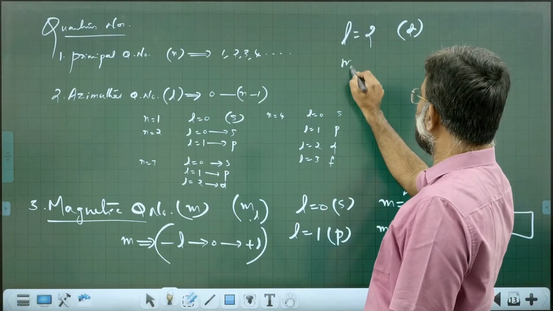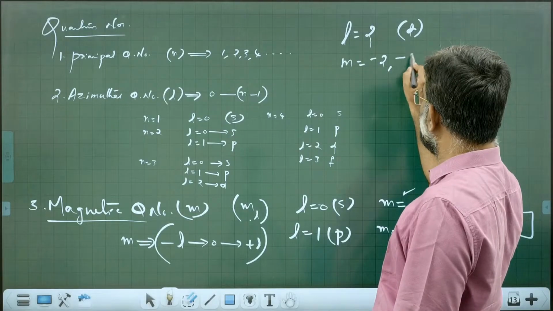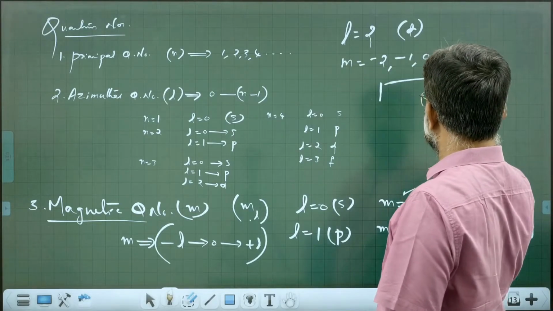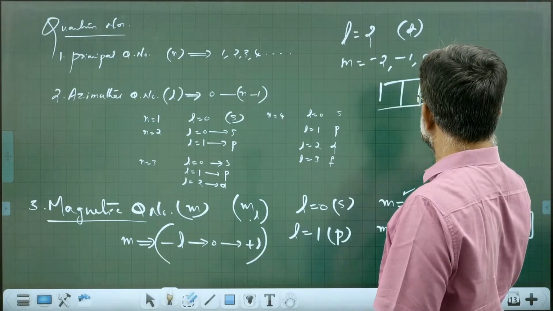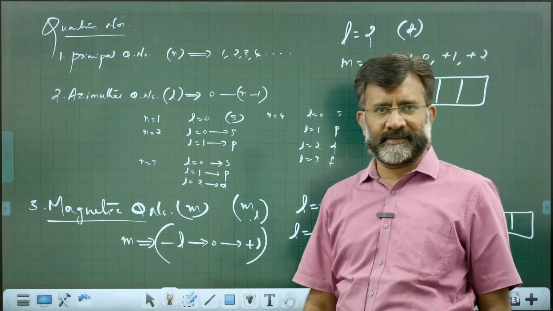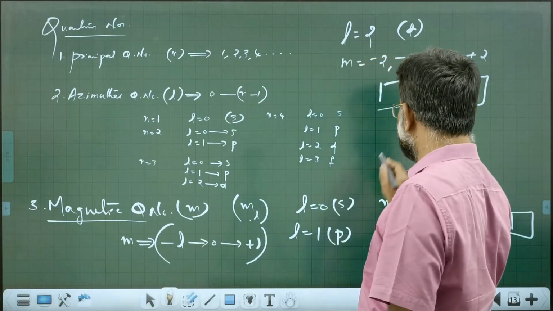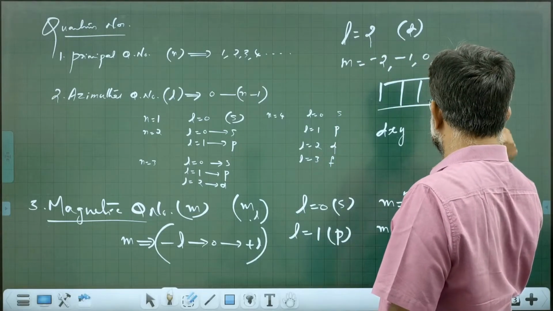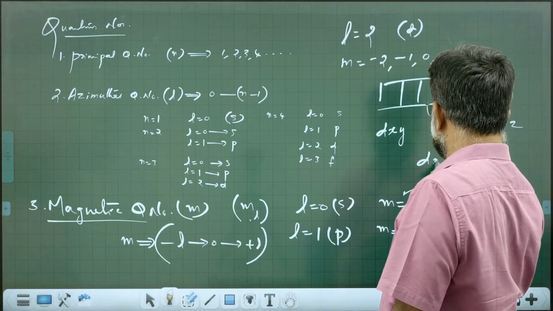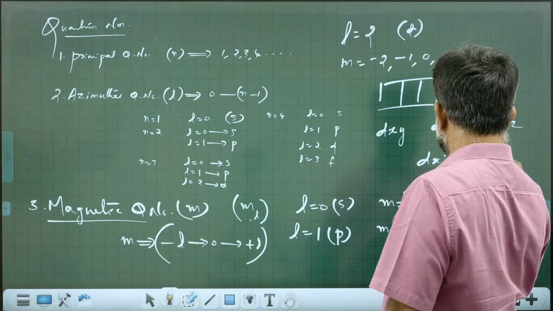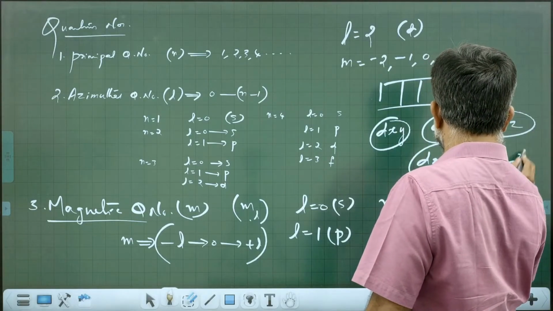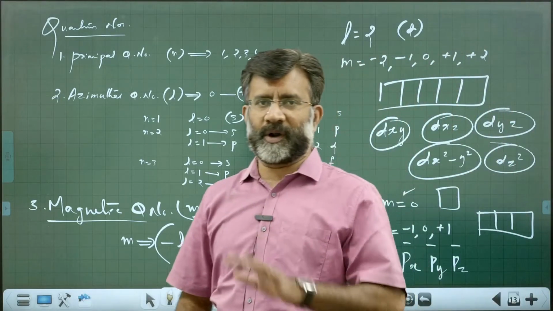You have m equal to minus 2, minus 1, 0, plus 1, plus 2. There are 5 orbitals. Hope all of you remember: dxy, dxz, dyz, dx square minus y square, and dz square.